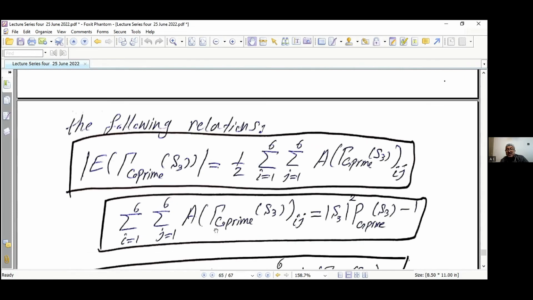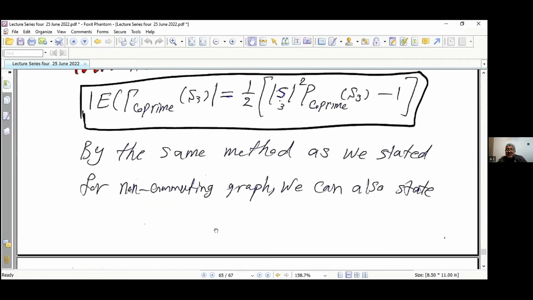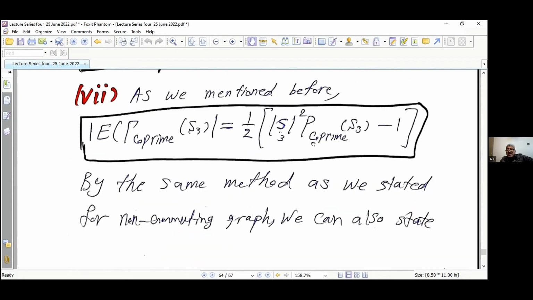So look at here, the co-prime degree of S3. So what's the definition of co-prime degree of S3? We have to count the number of pairs which have co-prime orders, right?